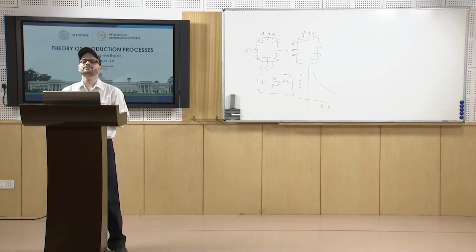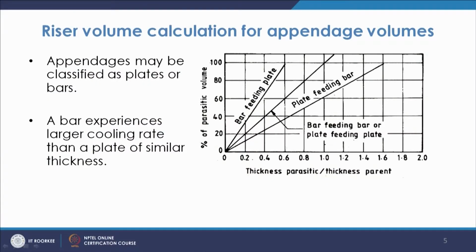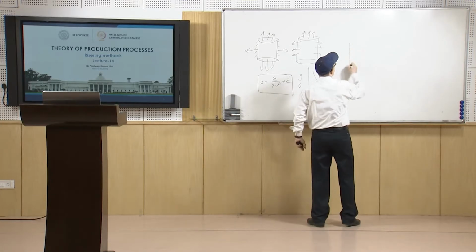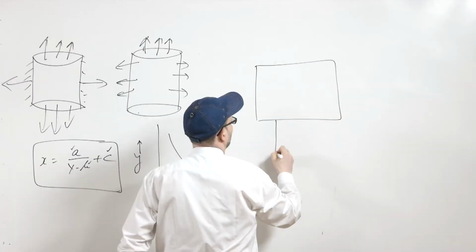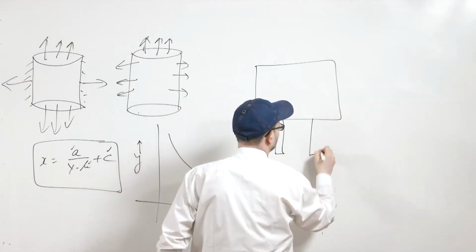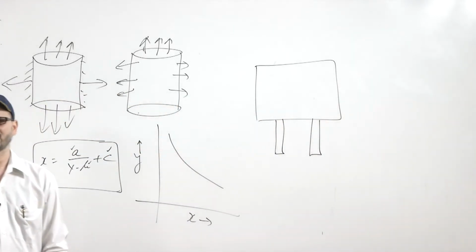So, suppose the main casting is a bar and it is feeding a plate. Many a time you have a casting like this. Suppose you have a casting like this.